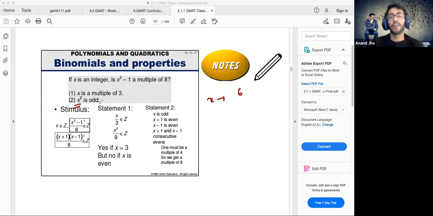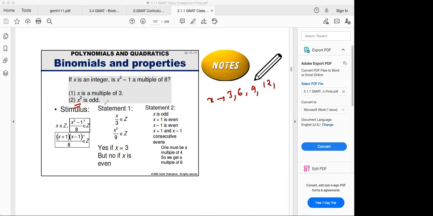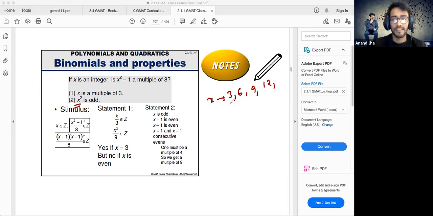How will you get x square odd? If I take x as a multiple of 3, any multiple of 3, 3, 6, 9, 12, which will give you x square odd? So I can't take this, I can take this.